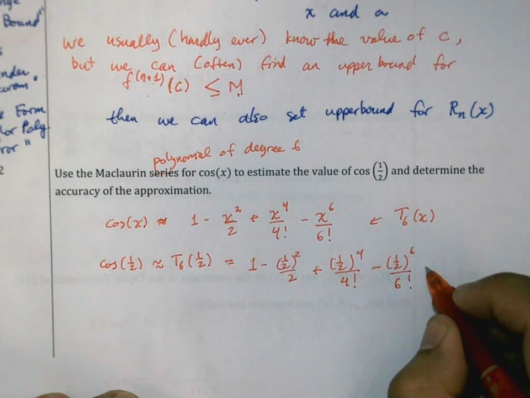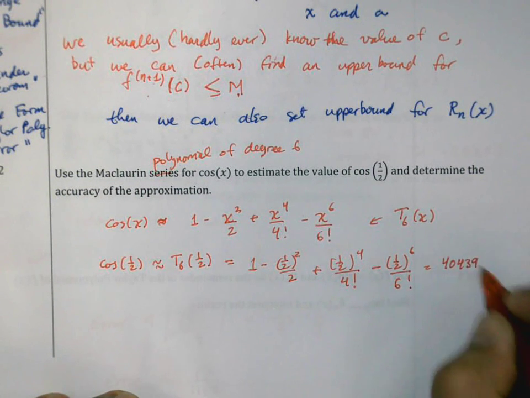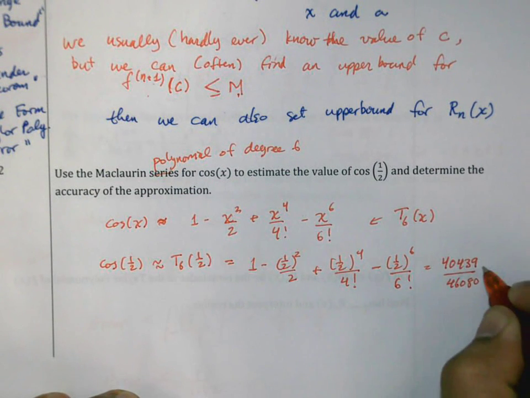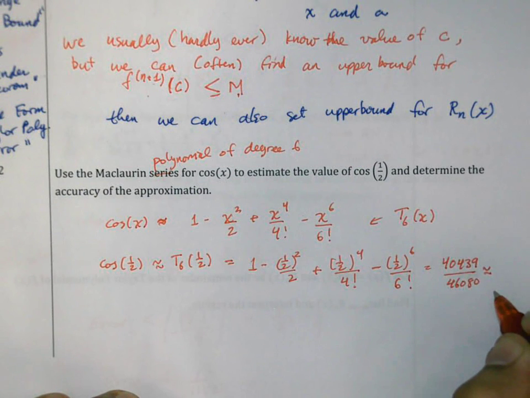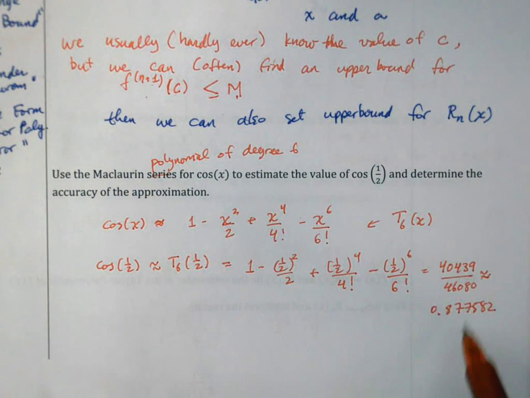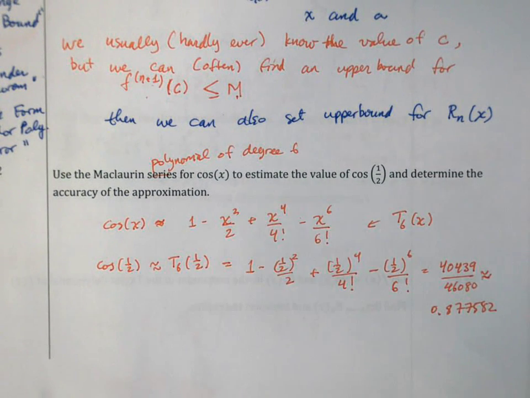Okay, so I get this is equal to 40439 over 46080, and in a decimal approximation this is like 0.877582, and there's some more decimal places that we could calculate there.